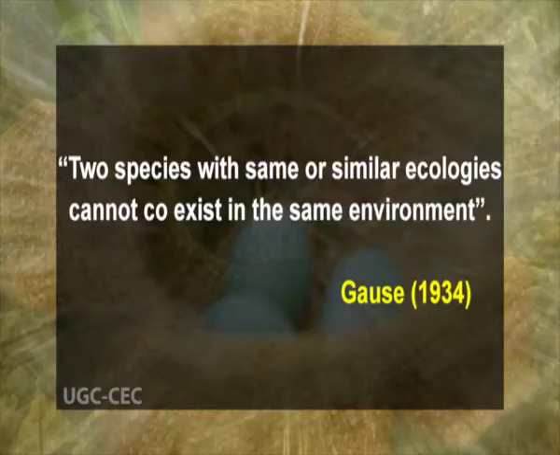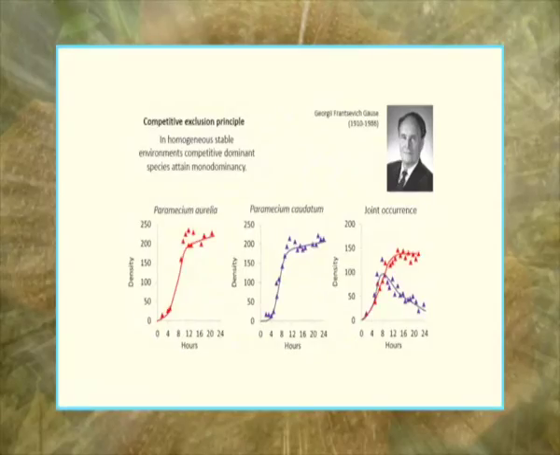ecologies cannot coexist in the same environment, by Gause in 1934, known as the competitive exclusion principle, also known as Gause's competitive law or 4C law, which implies completely competing species cannot coexist. Gause studied the growth patterns of two species of Paramecium, Paramecium aurelia and Paramecium caudatum, when cultured together and separately.